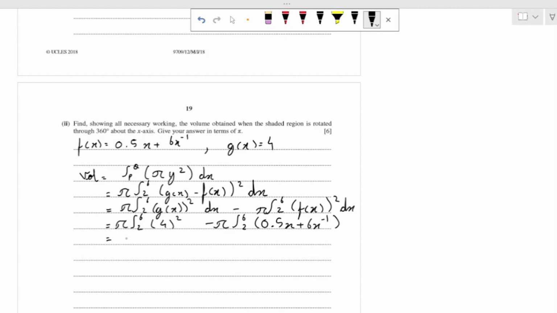and now we can simplify this. That leaves us behind with pi 16x minus pi with the integrand 6 2, not the integrand, you can just write it directly as well.